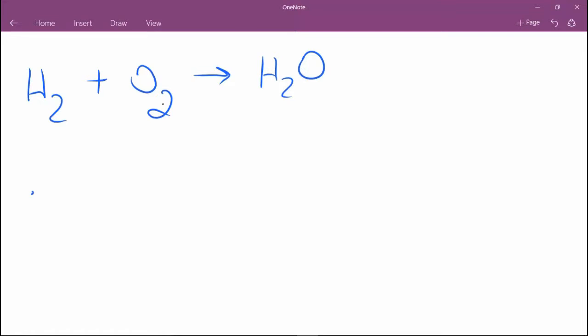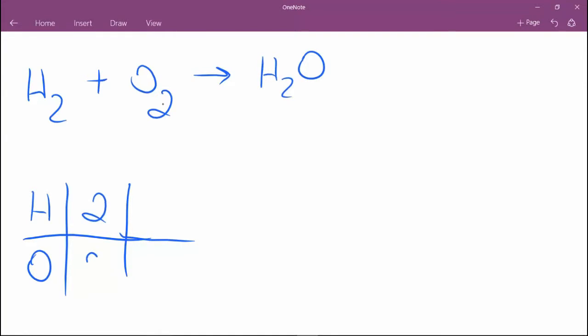I make a list of the elements in this compound: 2 hydrogens, 2 oxygens, then 2 hydrogens over here and 1 oxygen. I would encourage you to make a chart. In this chart, I can see that my hydrogens are balanced, but my oxygens are not balanced. So I need to balance the oxygens.